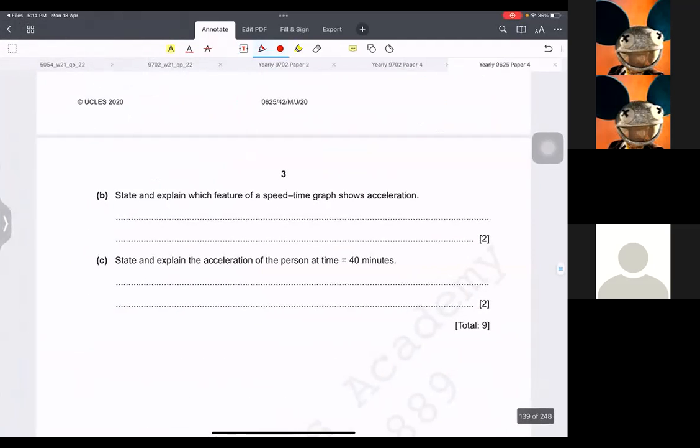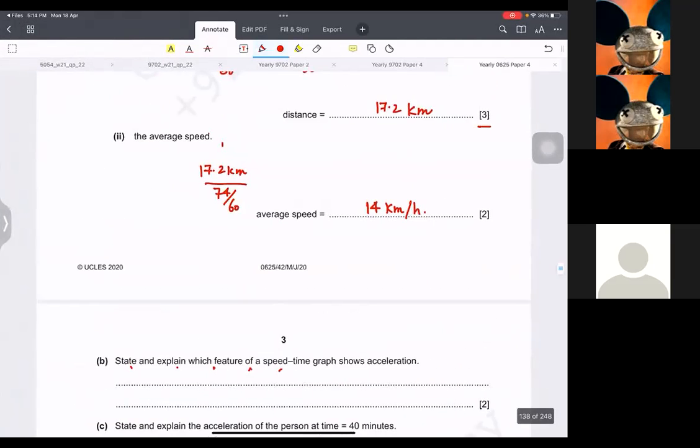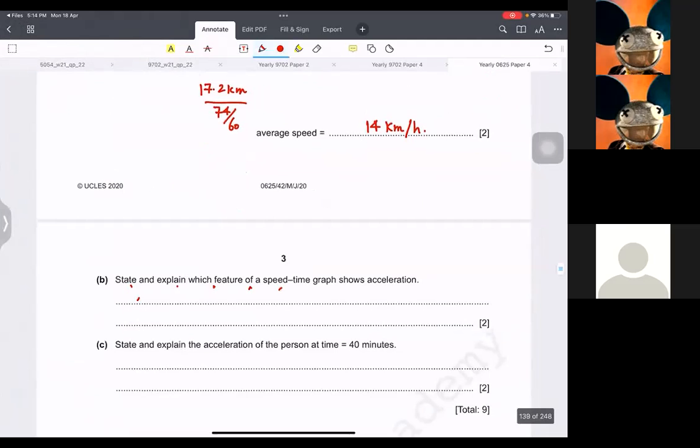State and explain which feature of a distance-time graph shows acceleration. Gradient, because acceleration is equal to change in velocity per unit time.